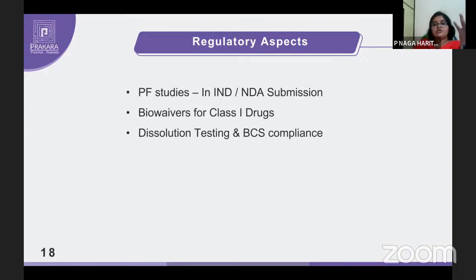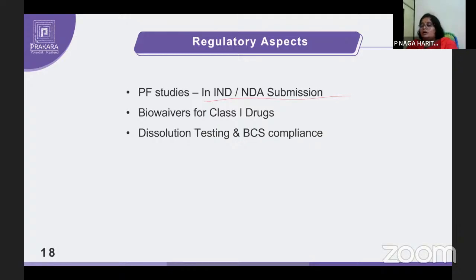The detailed data from these pre-formulation studies are essential for both IND as well as NDA submissions: solubility, stability, compatibility with the excipients, everything you have to include in the dossiers. All the dossiers of these applications have a section where you have to give all the pre-formulation studies.